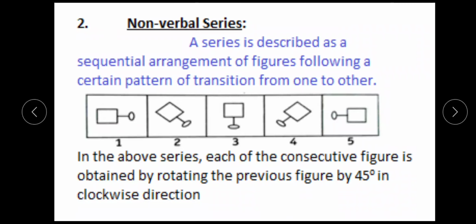If we have to find the next term, that time also it will rotate at an angle of 45 degrees in the clockwise direction, and this should be like this.